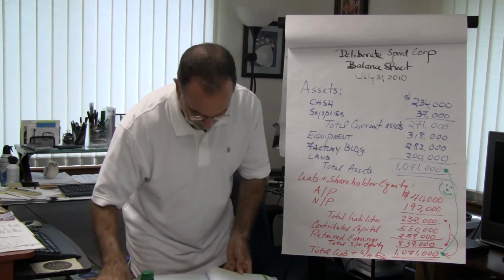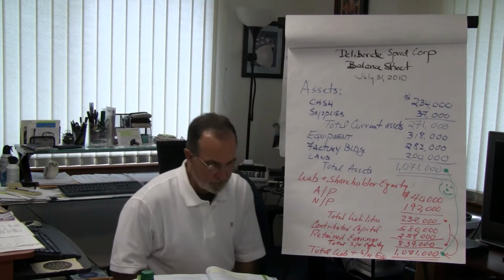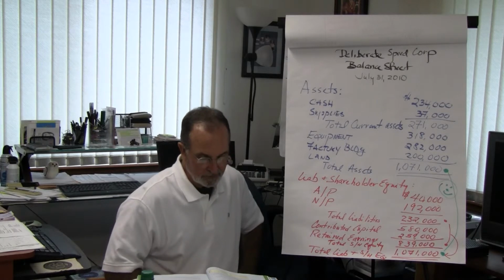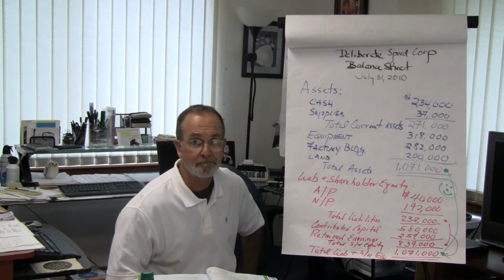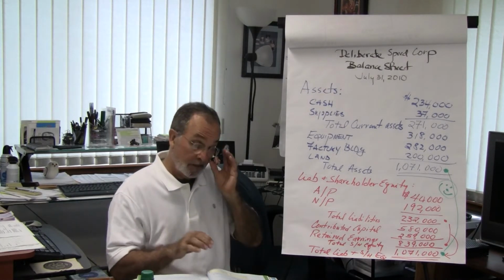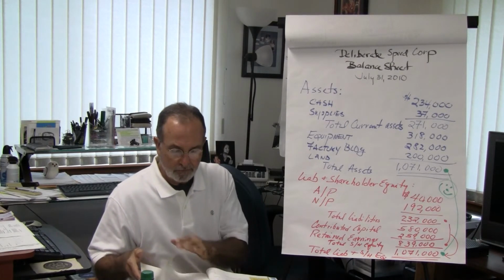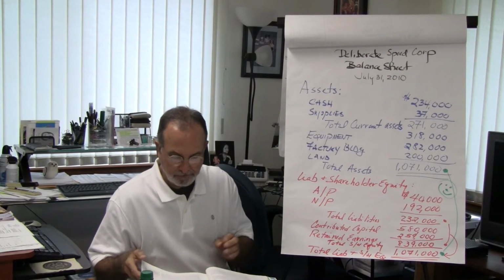The last part of this problem, requirement 5, as of July 31, has the financing for DSC's investment in assets primarily come from liabilities or equity. Again, we go back to the beginning of the chapter on page 47.